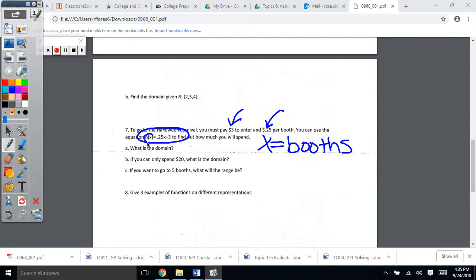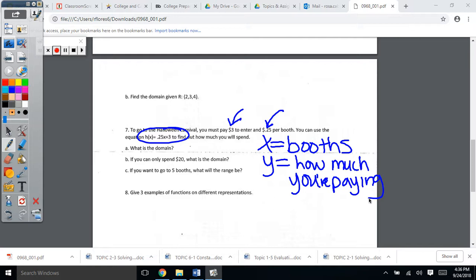Therefore, this part over here, which always stands for y, therefore y is how much you're going to pay, okay? Or how much money you need to be at this carnival. You're paying. Excuse my bad grammar, okay?